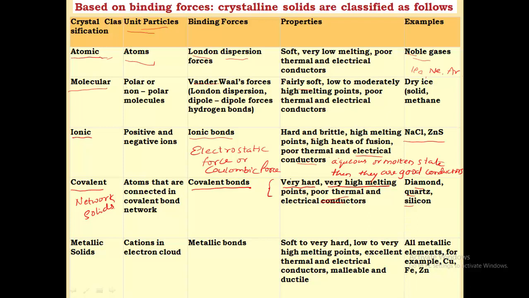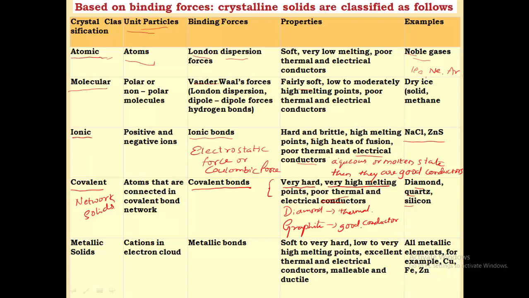Another thing here: these are poor thermal and electrical conductors, but an exception is diamond, which is a very good thermal conductor. Another exception to this character is graphite, which is a very good conductor of electricity.